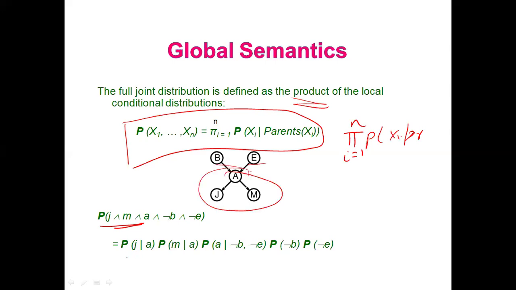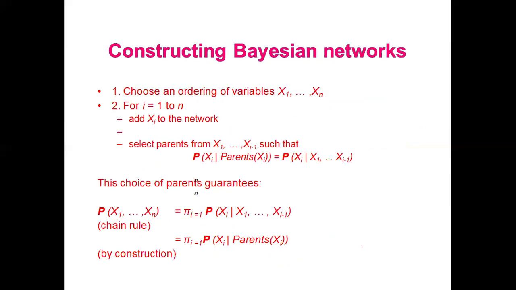So we will write it as probability of J given A for John when alarm runs. Similarly, probability of M given A, probability of A given not burglary and not earthquake, and separately we write probability of not burglary, probability of not earthquake. So we have to write it in terms of the full joint distribution format.